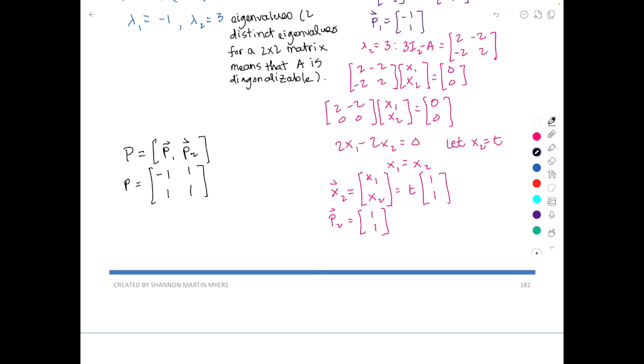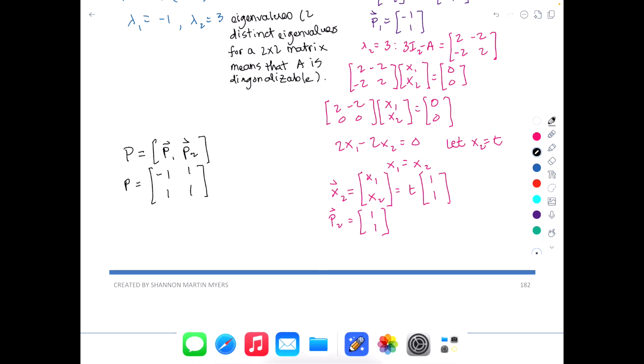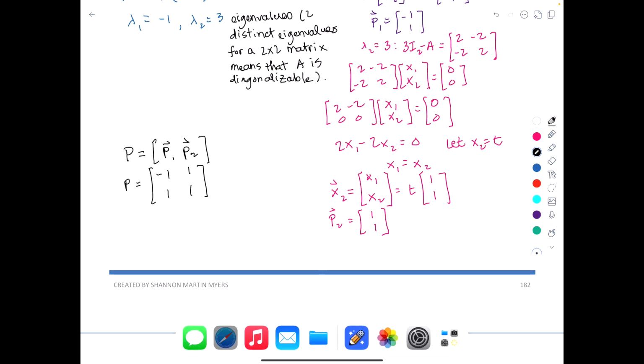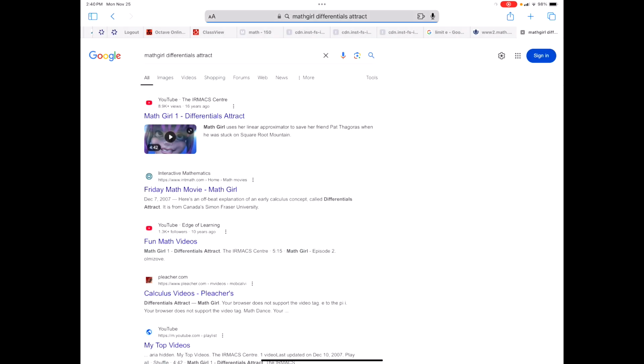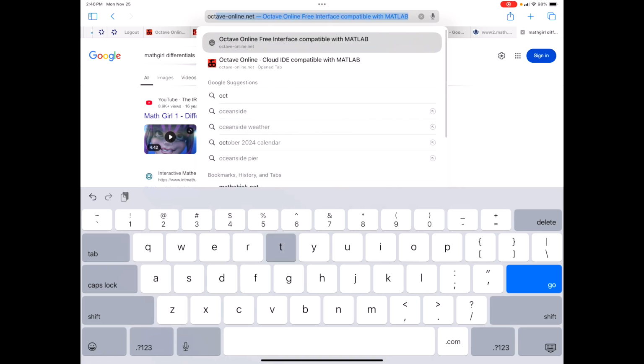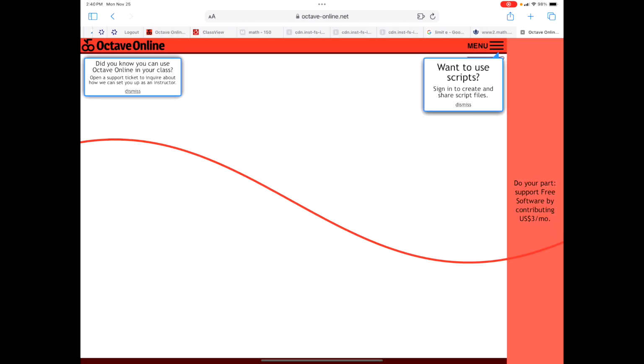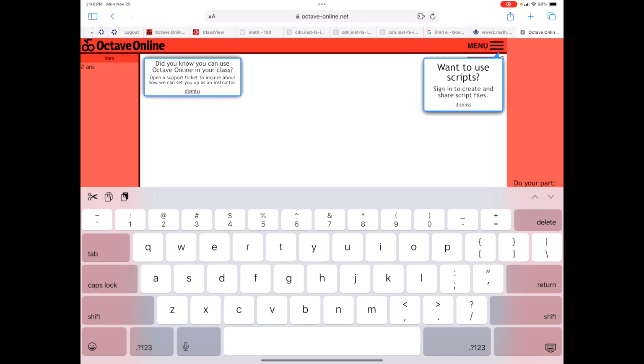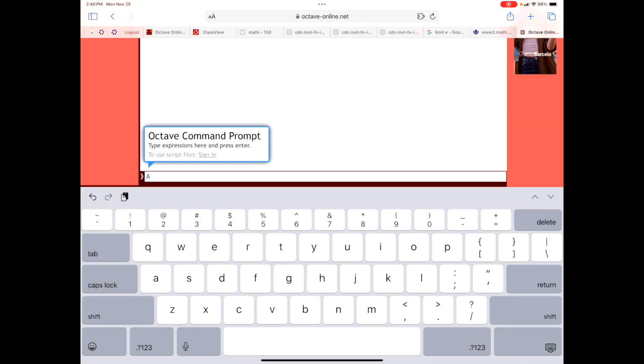Sorry about my dogs. And then you can check it out. It's nice on Octave. If you go on to Octave, we'll put in the different values. So A was equal to, let's see what our original was. Well, not our original, our new and improved problem.